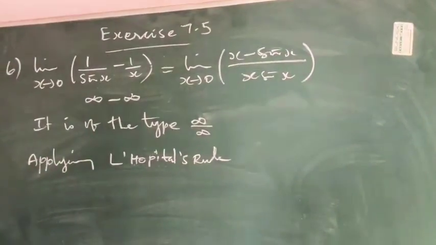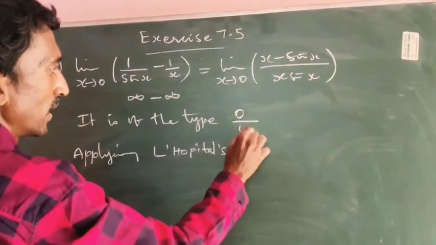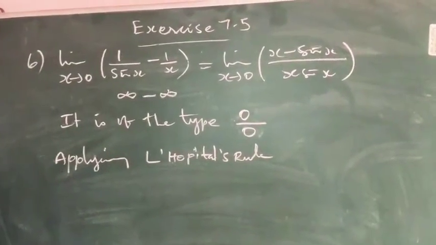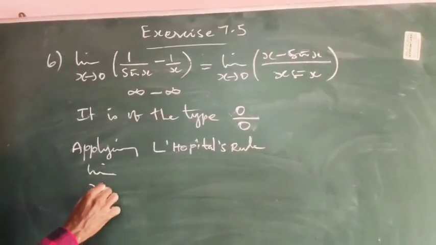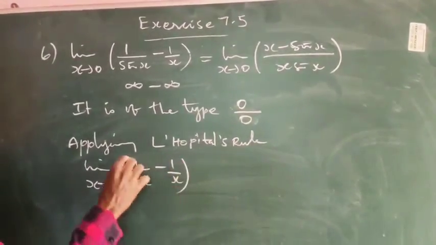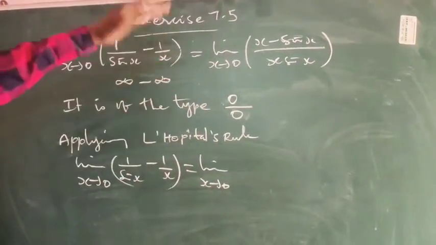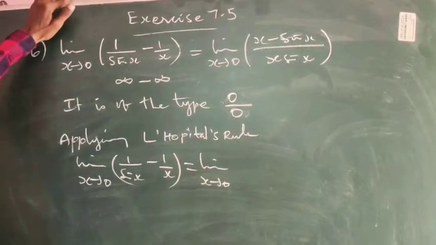Again if you put x equal to 0, it is of the type 0 by 0, again an indeterminate form. So apply L'Hopital's rule. So limit x tends to 0, 1 by sin x minus 1 by x equals limit x tends to 0, differentiate both numerator and denominator separately.